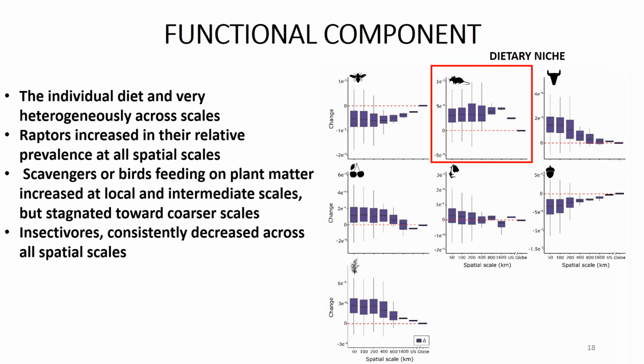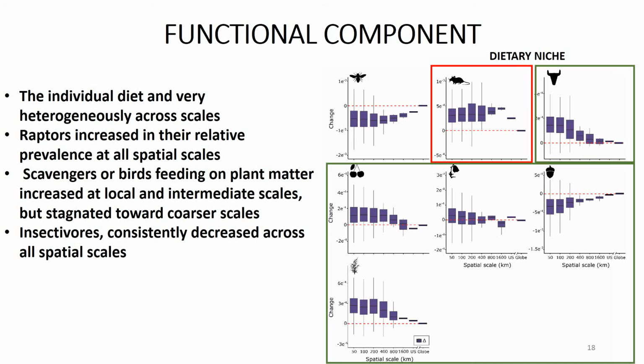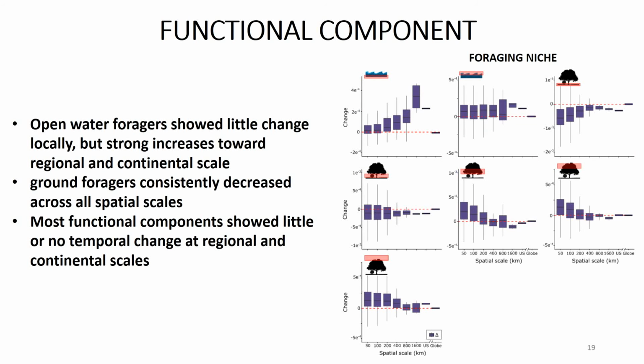The raptors increase in their relative prevalence at all spatial scales. The birds feeding on plant matter increase at local and intermediate scale, but stand toward cluster scale. The insectivorous consistently decrease across all spatial scales.